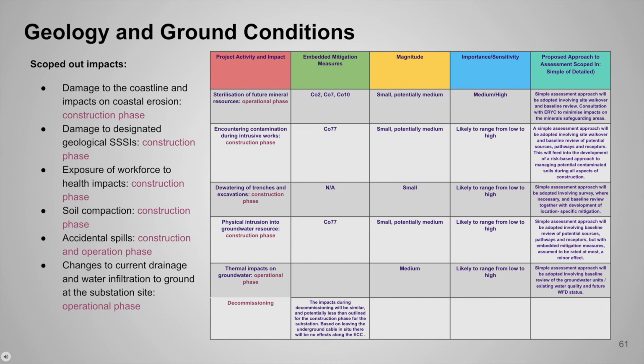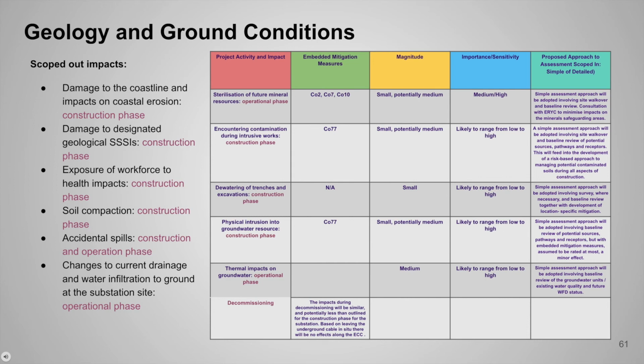During intrusive works, one of the embedded mitigation measures against it would be CO77. That's a tertiary embedded measure, and any contamination encountered during the construction phase would be subject to appropriate risk assessment, and if necessary, either removed, treated, or mitigated as part of the project.